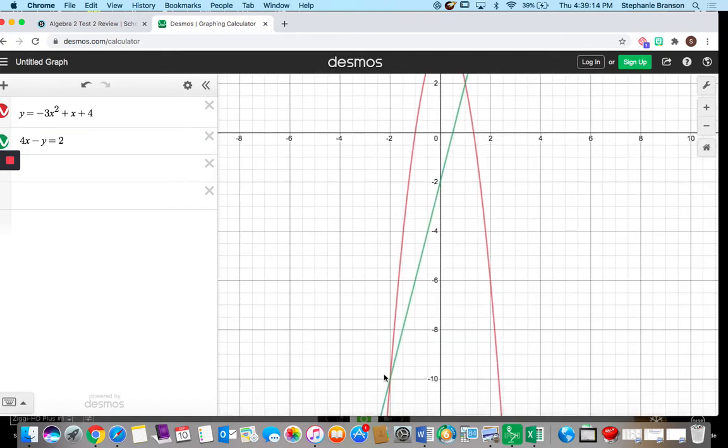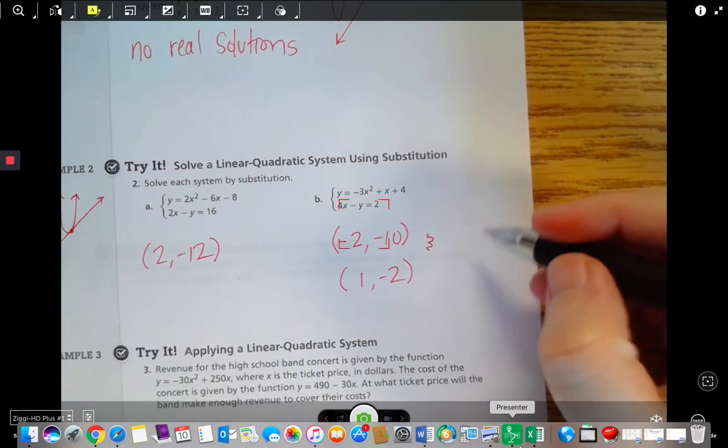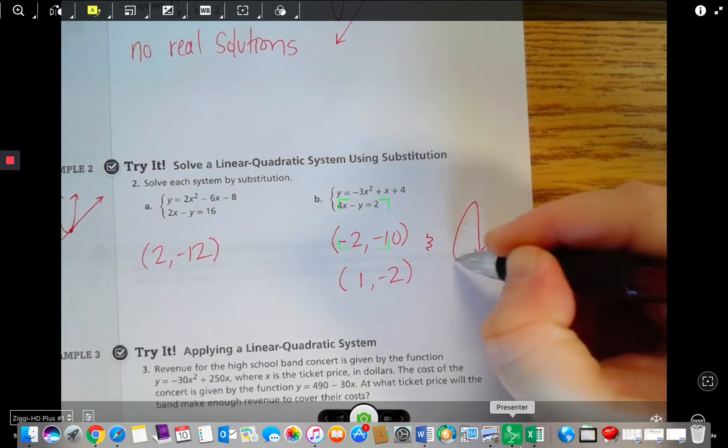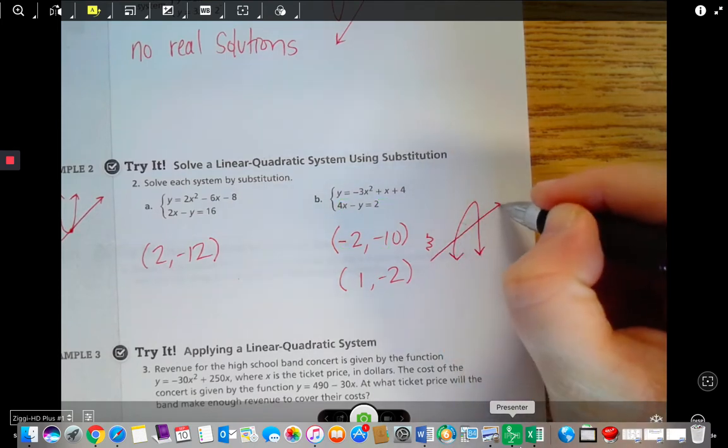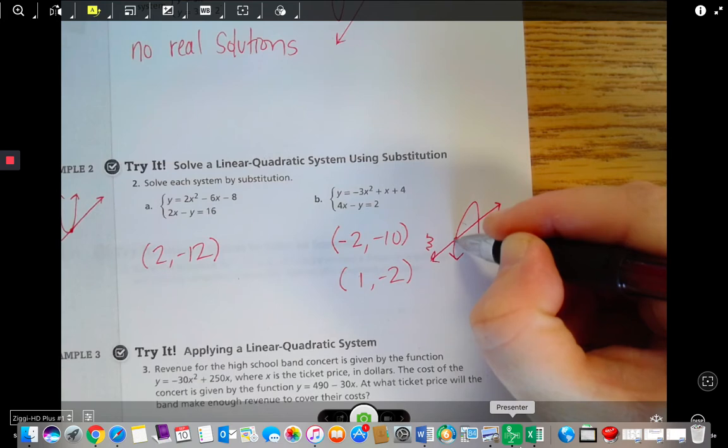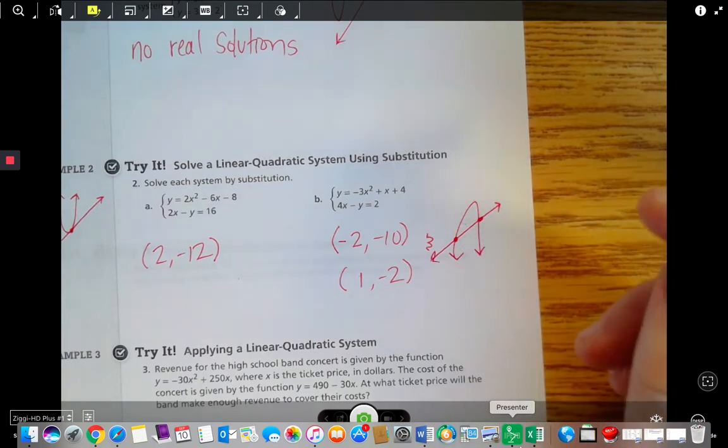And it looks like this graph crosses in 2 places at the points (negative 2, negative 10) and (1, 2). And the graph of this looks something to this effect, where we had 2 points of intersection.